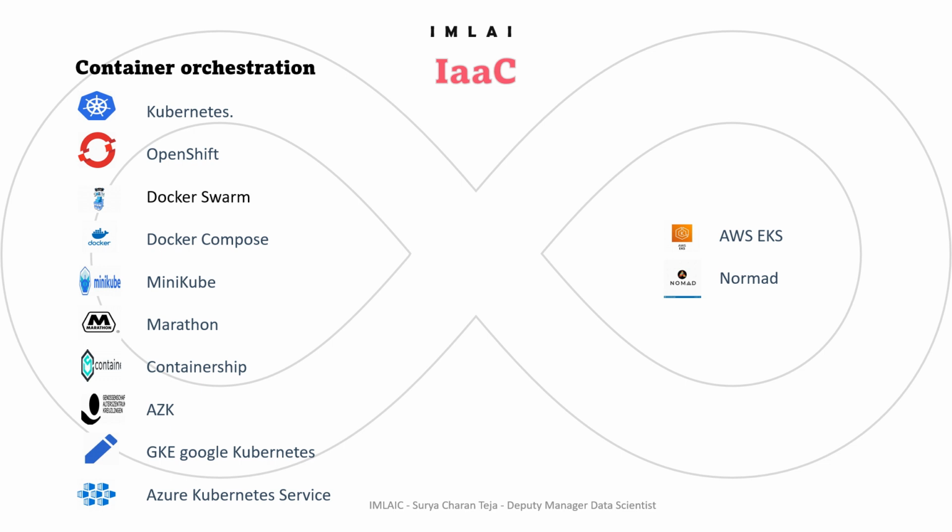Kubernetes is the famous one, and then Docker Compose for the low level, Docker Swarm is also low level, Minikube is for testing, but a production level Kubernetes cluster can be got from KubeADM and KOPS of AWS, whereas Minikube is only used for testing, just for exploring Kubernetes.